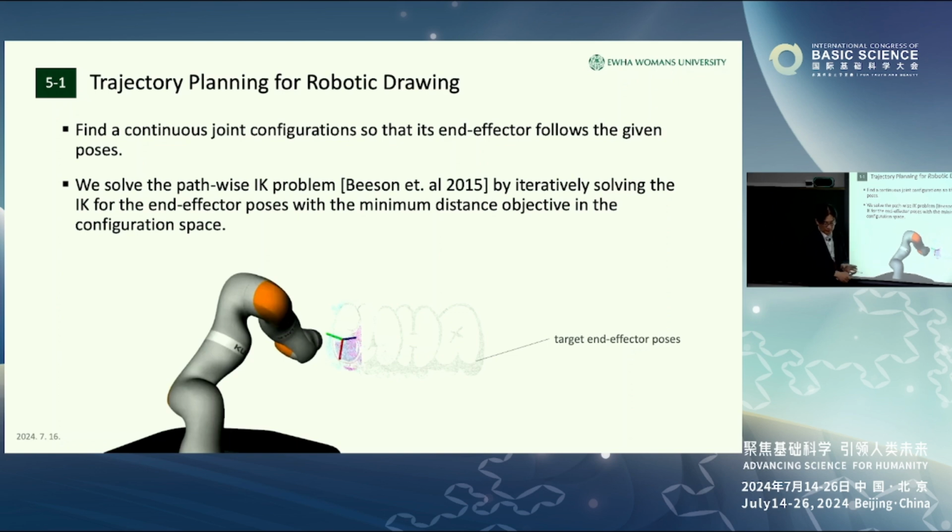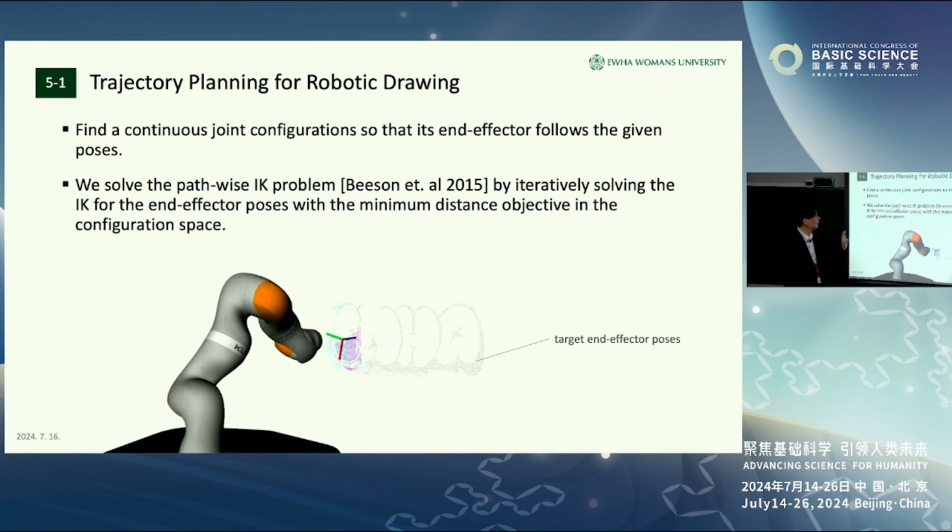But you still have to figure out the rest of the joint angles of the manipulator. So this is a so-called IK problem, as you may know. But the main issue here is that this IK solution should be continuous in configuration space. You need continuous motions. So this is the so-called pathwise IK problem.